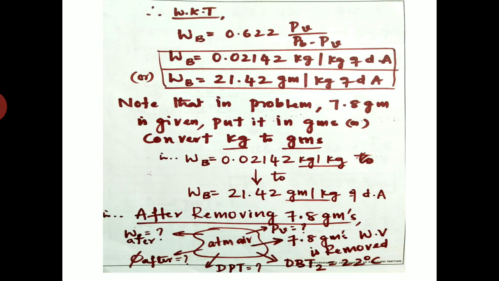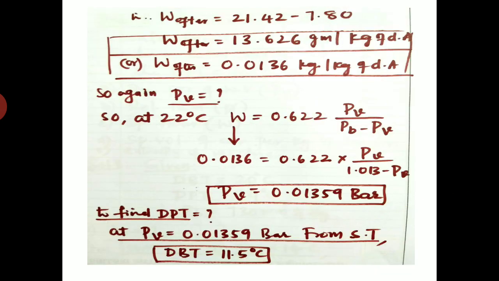He has given the dry bulb temperature. So W is equal to 21.42 minus 7.8, because 7.8 grams of moisture is removed out of the total. After removing, I get 13.62 grams per kg of dry air.